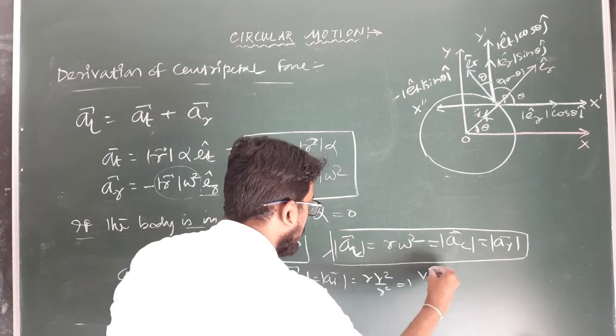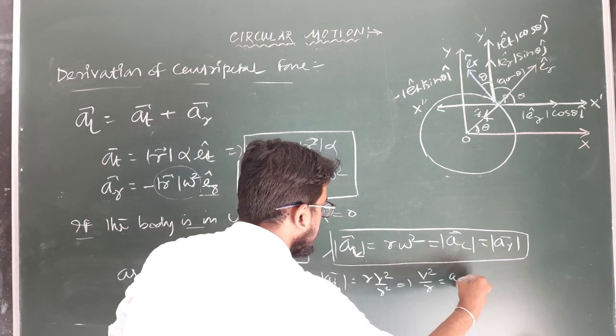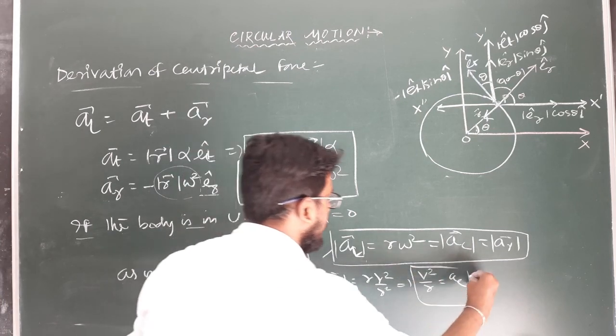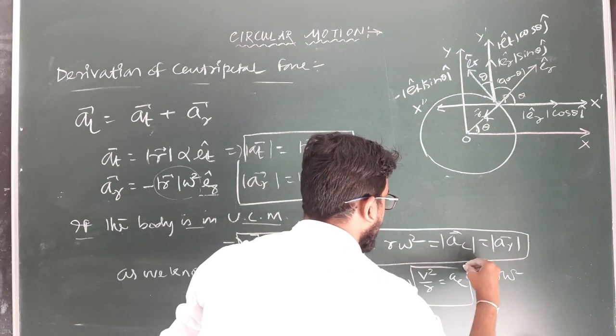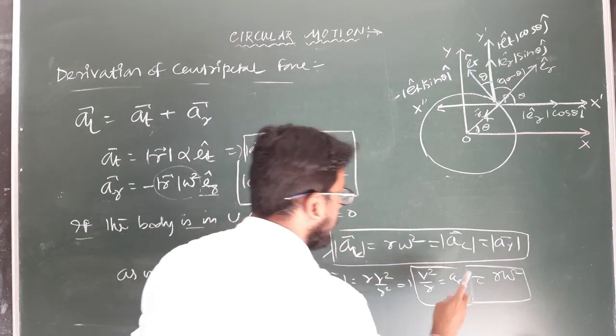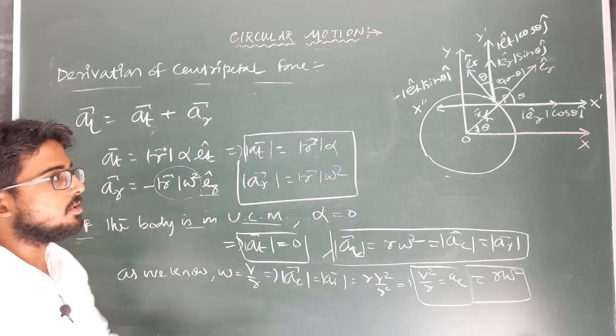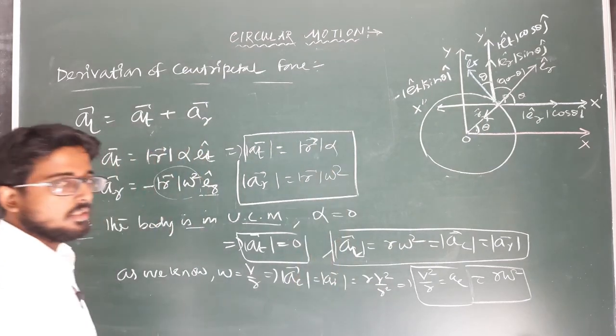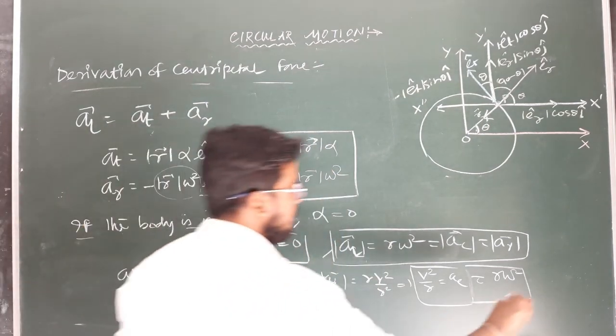So this will be v square by r equal to a centripetal, or this can also be written as r omega square. Okay, this is the magnitude of the centripetal acceleration, but its direction is along the radius towards the center. Clear?